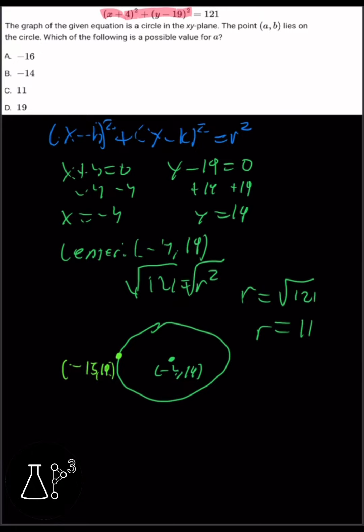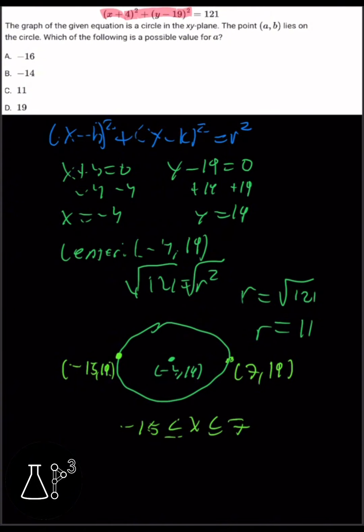And if I add 11, I'm going to get 7 and then 19. So our interval of x is greater than or equal to −15, or less than or equal to 7.